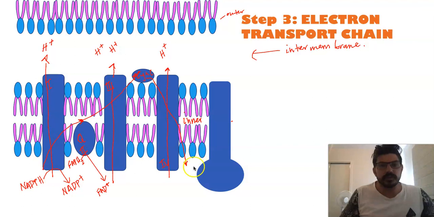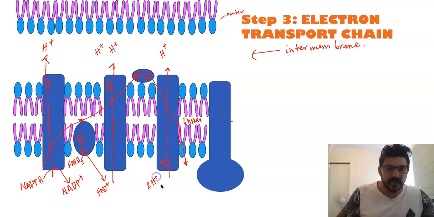And this is where our water byproduct comes in, because we end up taking 2 H+ and 1 oxygen, so 2 H+ and an oxygen, they grab that excited electron and become a H2O.